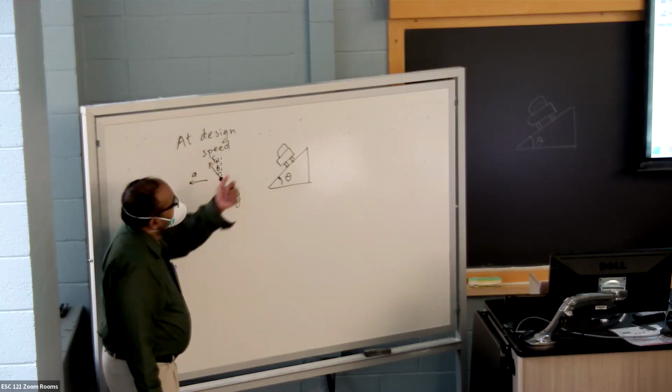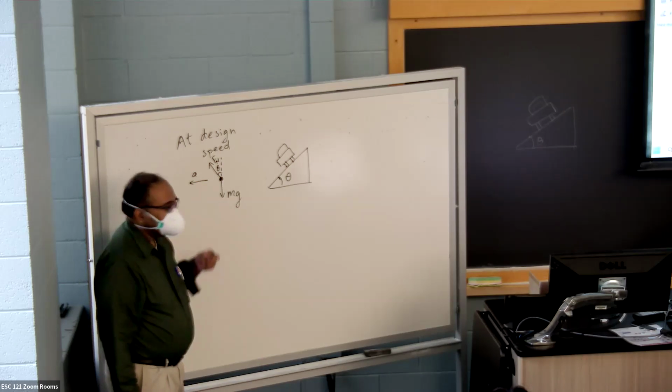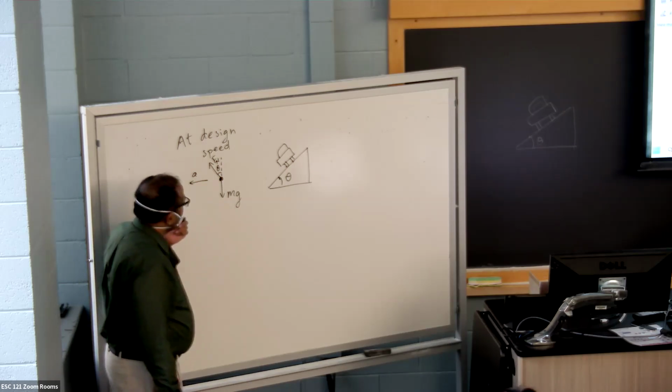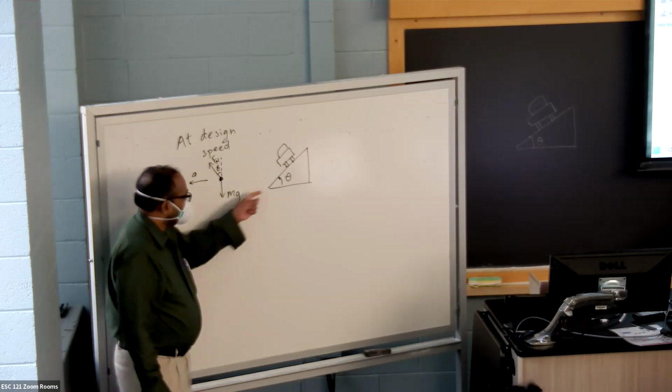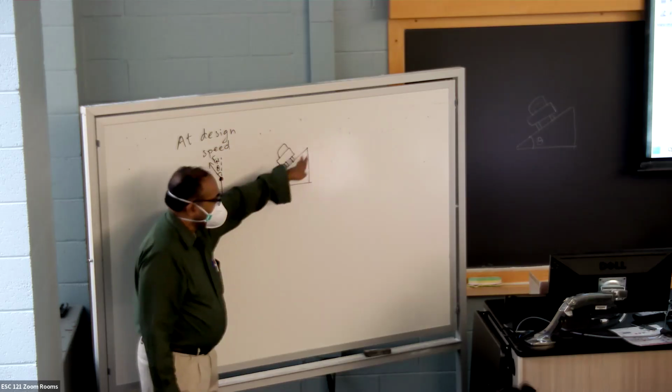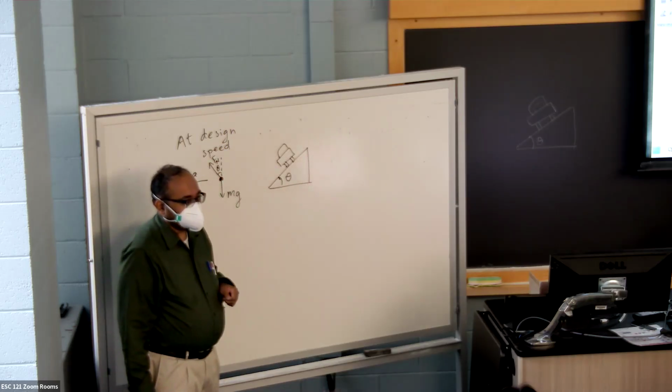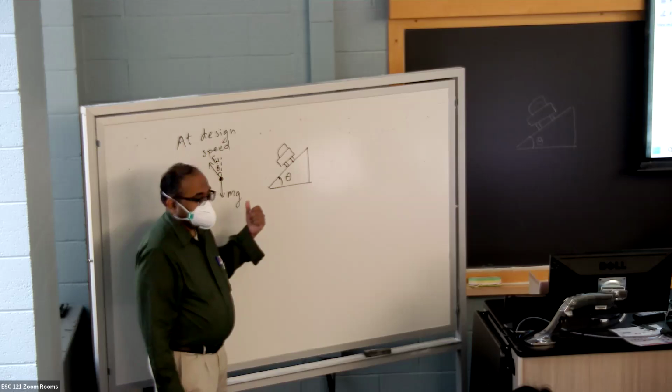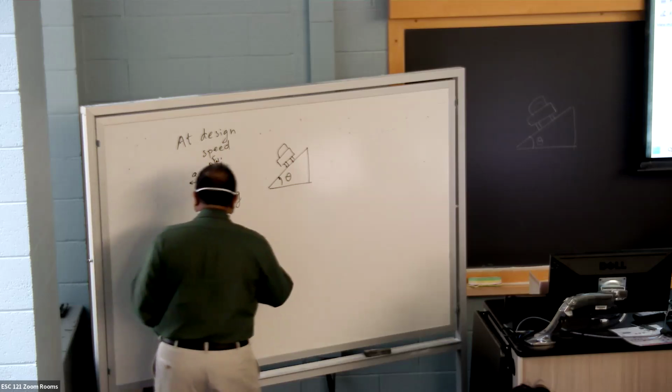But in this case we have a car going too slow, right? So in that case, what's likely to happen? Will the car slide? Does it want to slide up the slope or down the slope? Down the slope if it's going too slow, right? Too slow, yes.